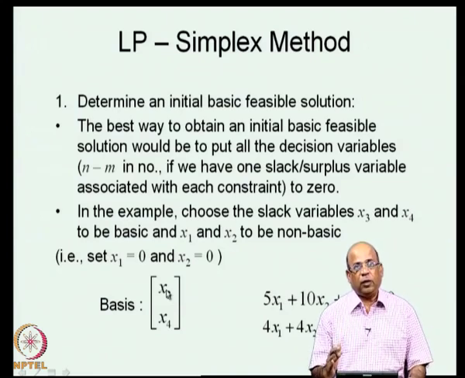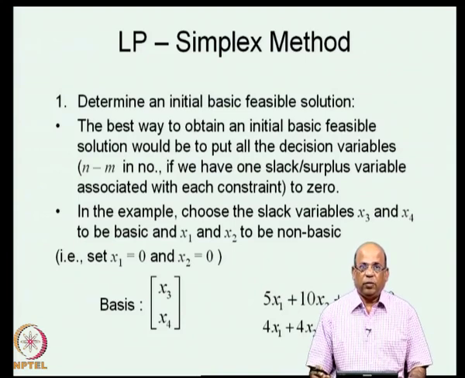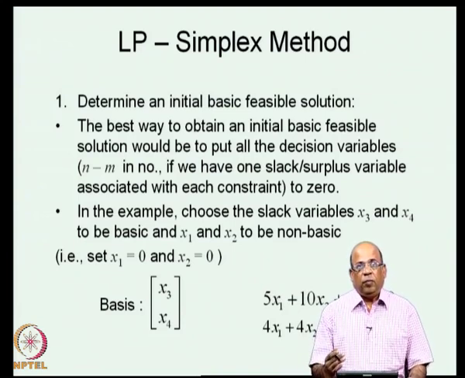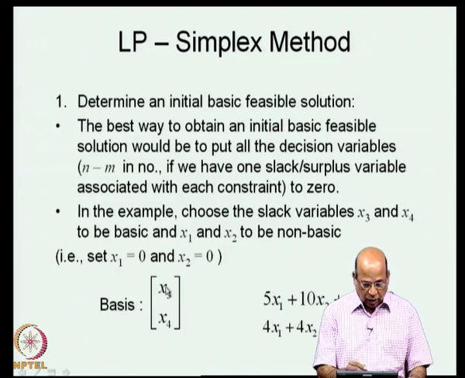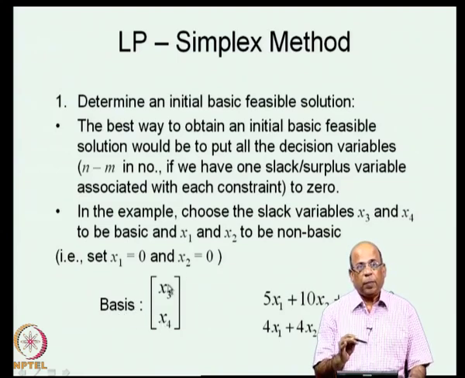So, we write the basis as x3 and x4. x3 and x4 are the variables in the basis. This is called a basis, which constitutes a vector of basic variables.